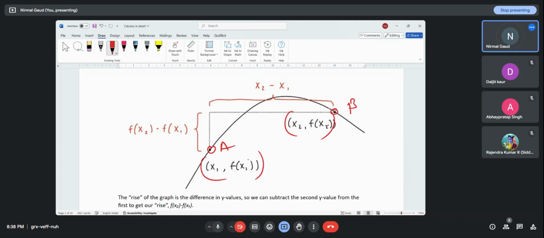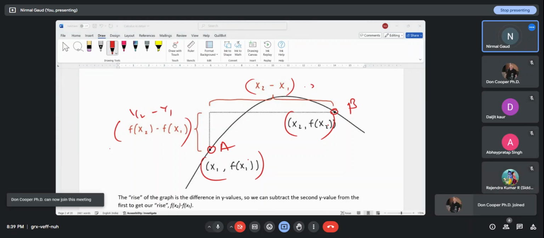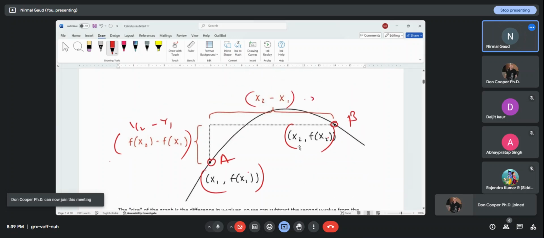Now in this particular case, as you can see, we are calculating the difference of x2 and x1. We are calculating the difference of f(x2) minus f(x1), that means y2 minus y1. That's what we are calculating. So ultimately, this is a change, x2 minus x1.